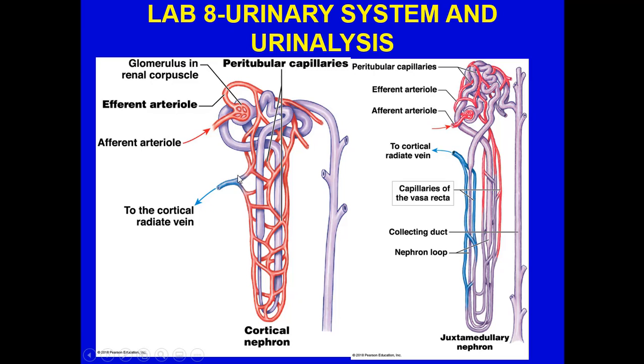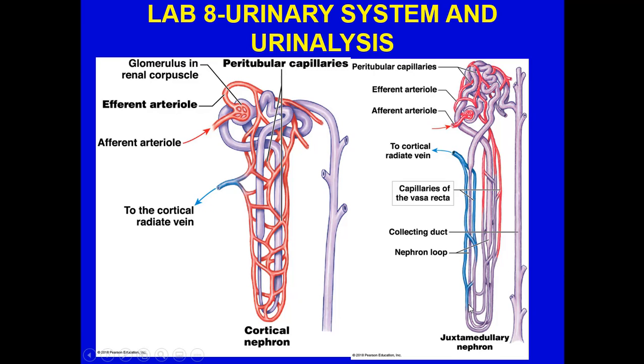And eventually they leave, and as they do, the blood will enter into the cortical radiate vein. Remember, peritubular capillaries are taking away some of the material that we had by reuptake from the actual filtrate.